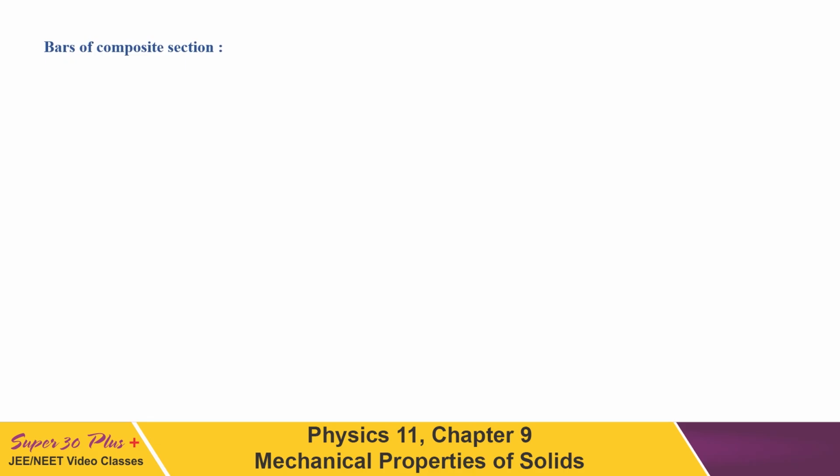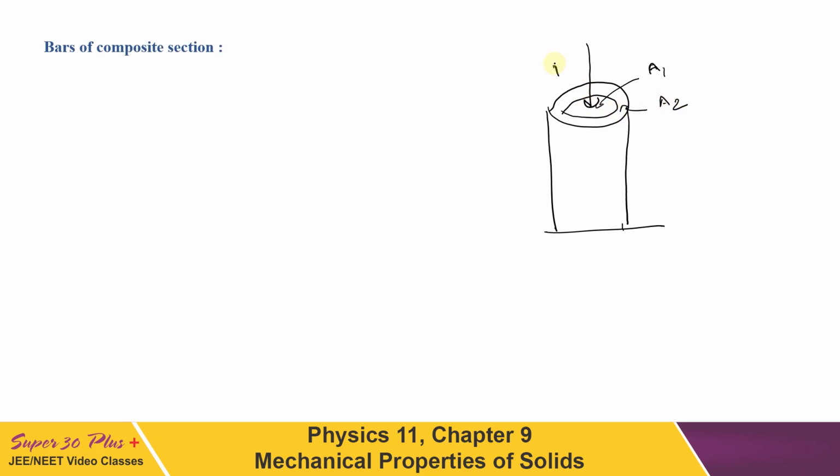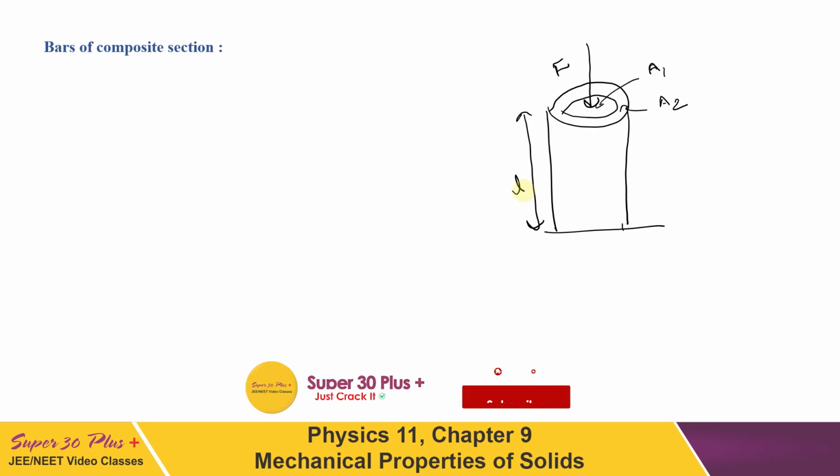So let us consider one simplest case where this is a kind of composite bar, a cylindrical bar I am showing here, where the inner area of cross section is A1, the outer one is A2. If F is the force applied like this, which is the normal force, and length of the bar is L. Here this column I have considered, it is made up of two different materials.